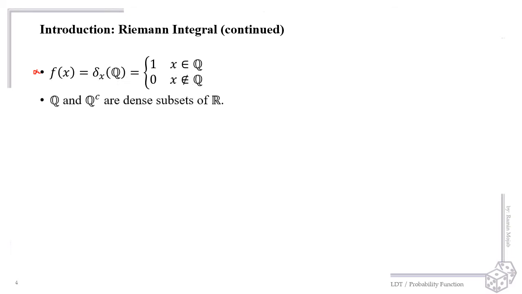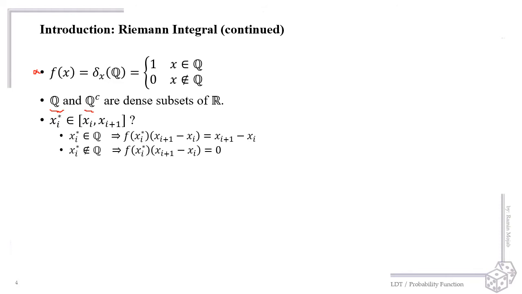Although the Riemann integral is useful, we cannot use that logic and solve all related problems. For example, consider this function. We talked about it. It's Dirichlet's function, and we said that it is equal to 0 almost everywhere. And the problem is that the set of rational numbers and the set of irrational numbers are dense subsets of R, which means that every interval has both rational and irrational numbers.